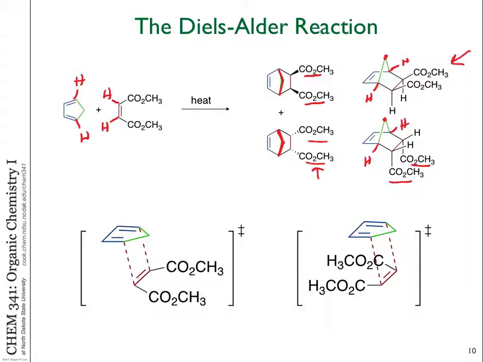Okay, so this comes together to give the product on the top. All right. If I take this dienophile and flip it over, that's the structure you would see on the right. If they come together from the other face of the dienophile, that would put these groups pointed underneath the diene portion and lead to the product on the bottom.